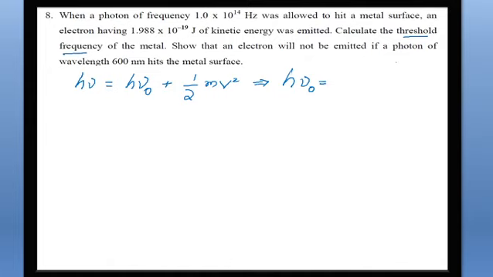So we can write this as h nu minus half mv square, your kinetic energy. Now this whole thing is given to you in terms of energy. H nu we need to calculate because frequency is given to us. So let's put all the values.